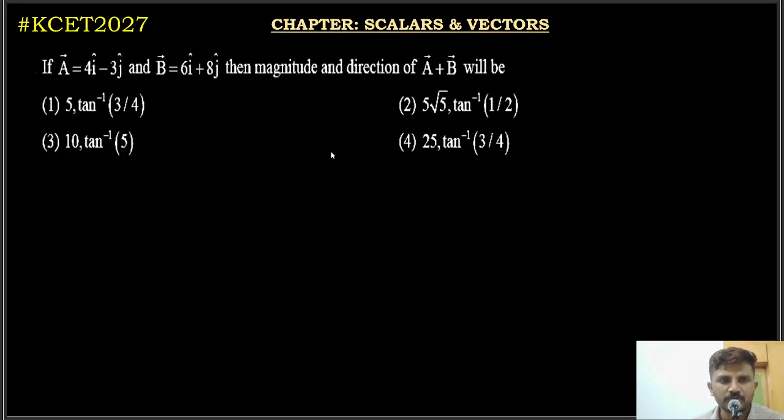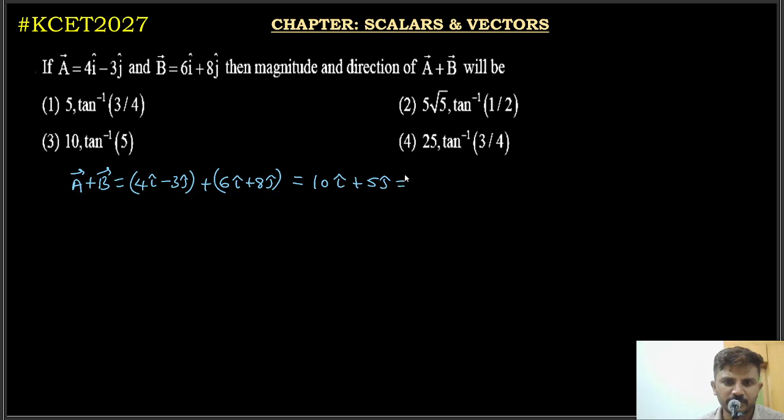Then we have two vectors here, A and B. Then the magnitude of A plus B will be? First I'll find A plus B. What is A? 4i cap minus 3j cap. What is B? 6i cap plus 8j cap. That is equal to 10i cap plus 5j cap.